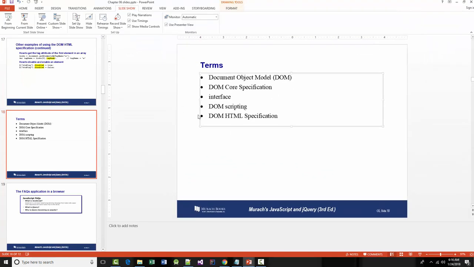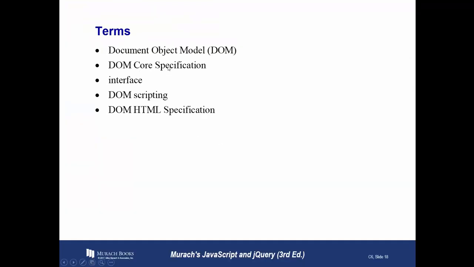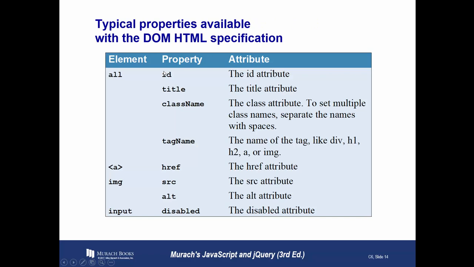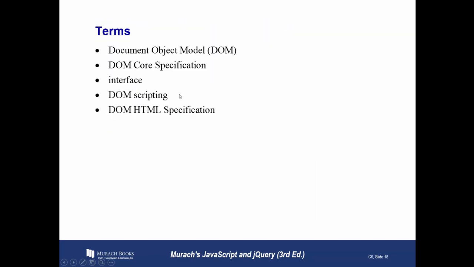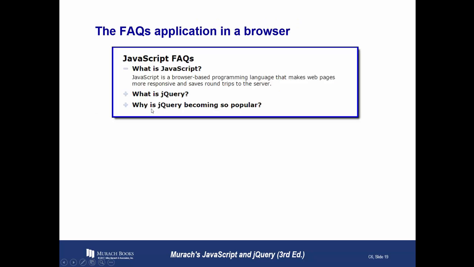Amazing when people don't proof their stuff. The DOM core spec, which is what's written back here. An interface, which we just mentioned, starting to talk about DOM scripting and the DOM HTML spec.